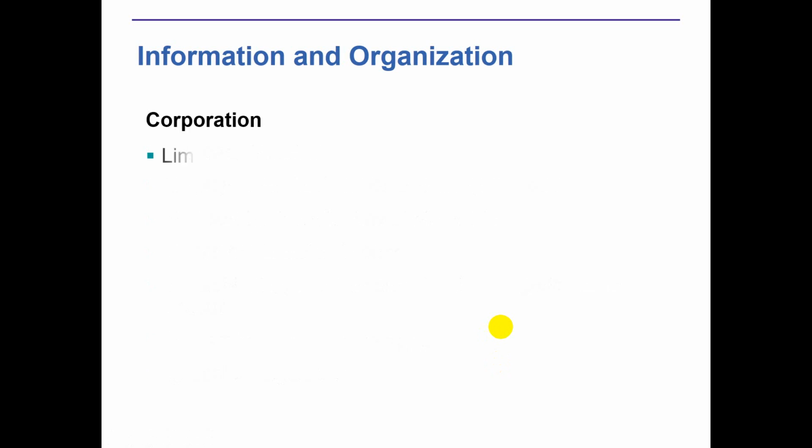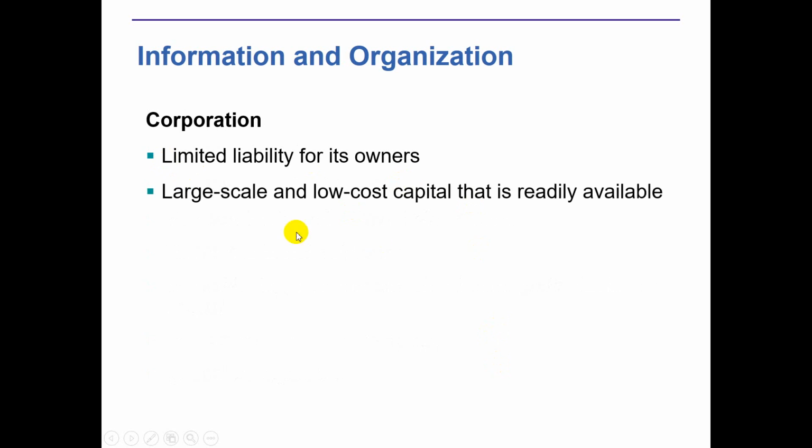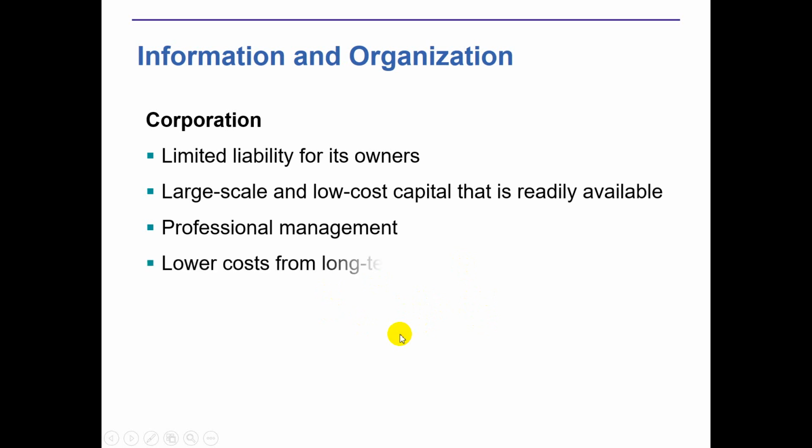The third one is corporation. The benefit of corporation is limited liability. It has large scale and low cost capital that is readily available. It has professional management, so they know very well how to manage the business. There are lower costs from long-term labor contracts.